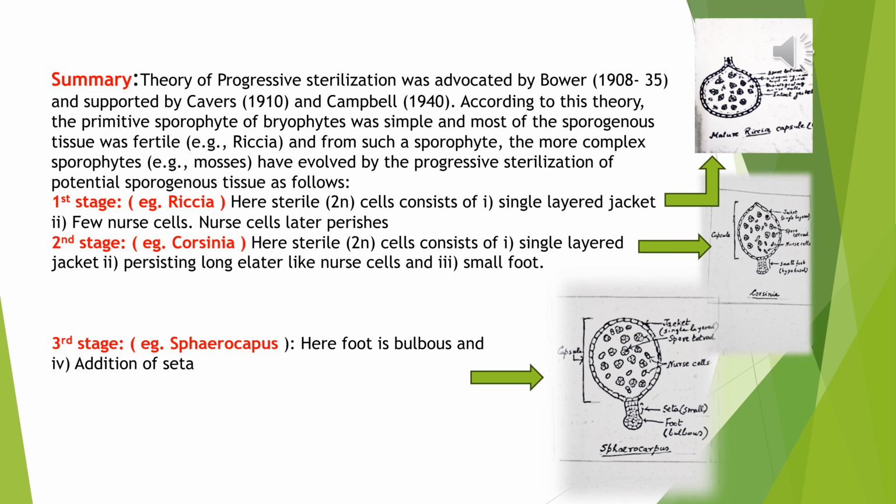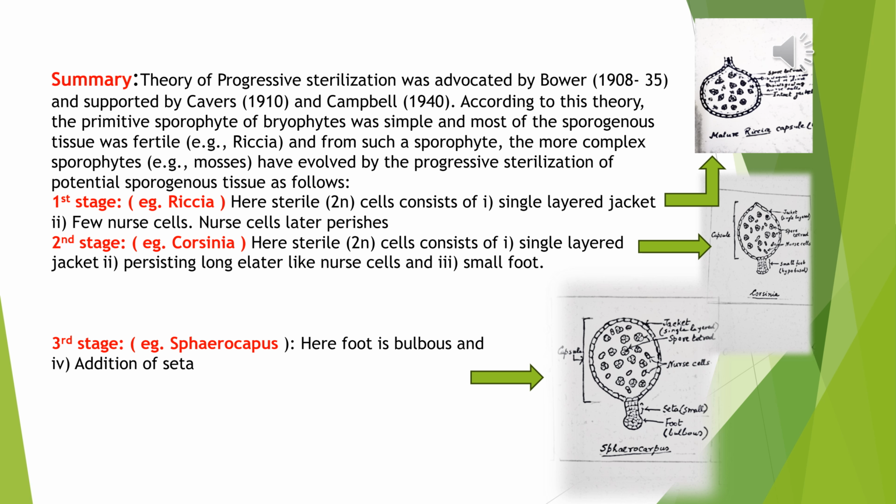Summary. Theory of progressive sterilization was advocated by Bower 1908 to 35 and supported by Cavers 1910 and Campbell 1940.